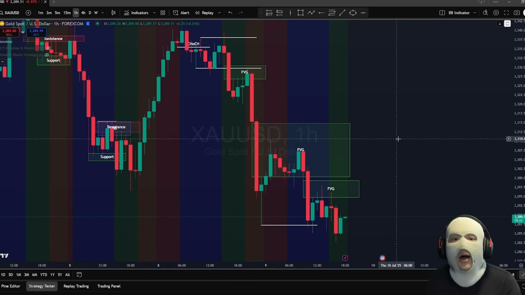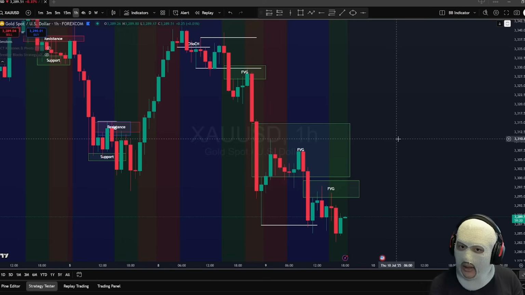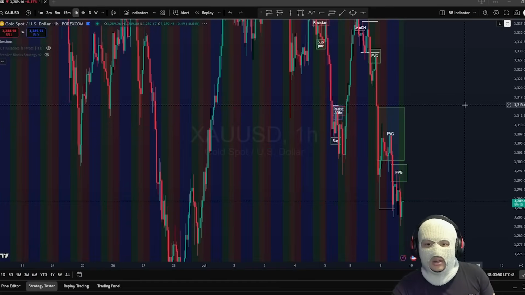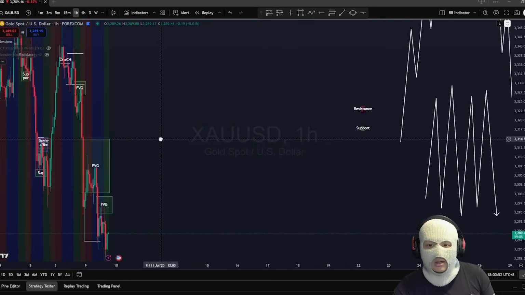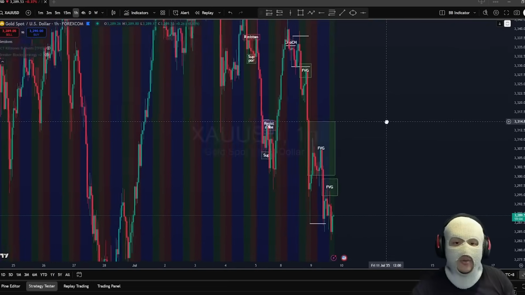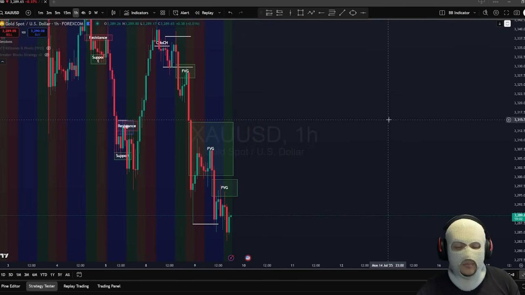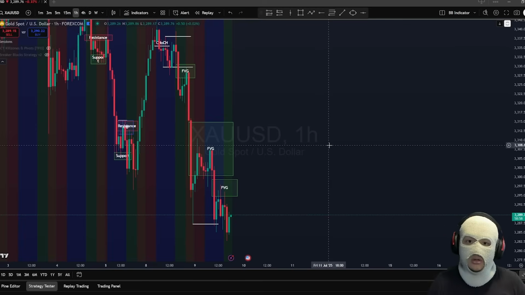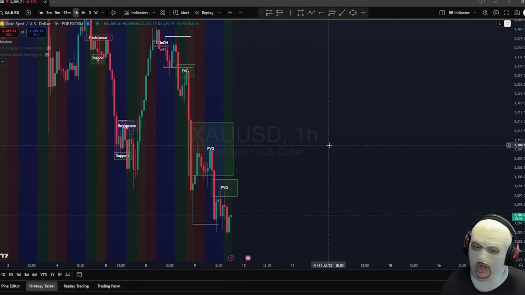Number two, how to tackle a ranging market condition. Play within the range. Identify your support and resistance levels on the 15-minute time frame, as I mentioned. Okay, so let me just repeat the criteria for your range, so that you know if you didn't get the screenshot earlier on.